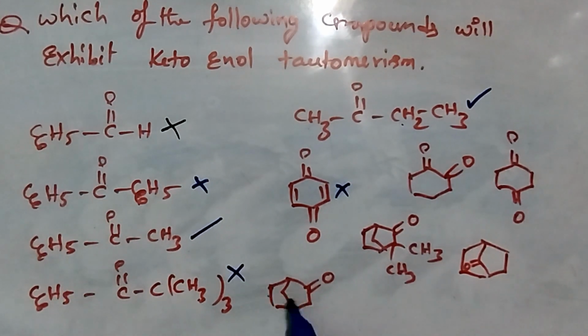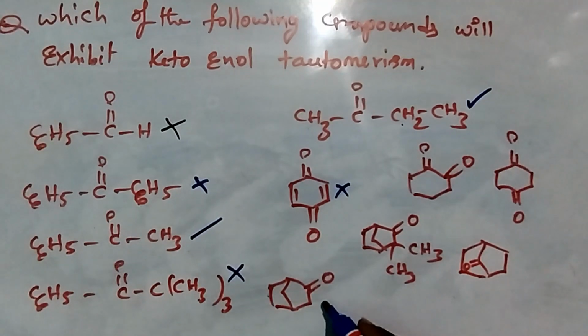In this, see, here bridged hydrogens are there, here 1 alpha carbon is there. Bridged hydrogens will not involve in keto-enol tautomerism. Okay, so normal hydrogens only will involve, so this will exhibit.